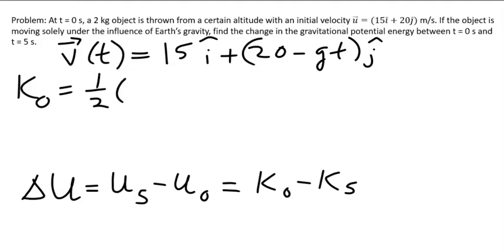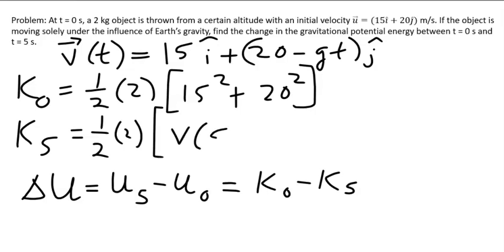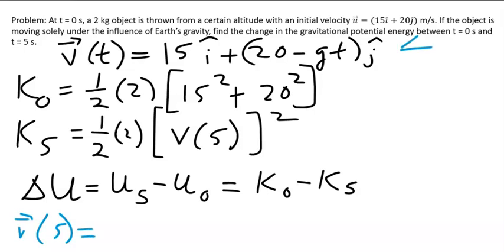It's half times the mass, which is 2 kg, and the speed squared is 15 squared plus 20 squared. That is computing the magnitude of that vector and squaring it. So this expression is u squared. What about kinetic energy at t equals 5 seconds? It's half times 2, and we need to figure out the speed at t equals 5 and square that. Note that the velocity at t equals 5 can be readily found from that expression.